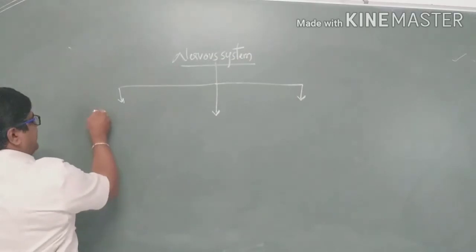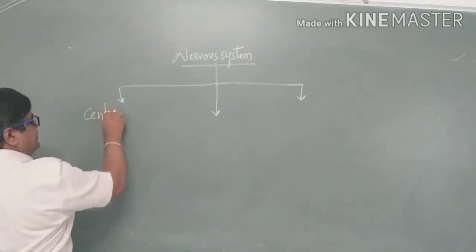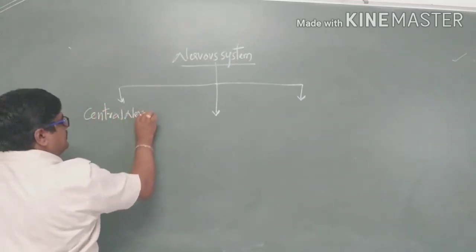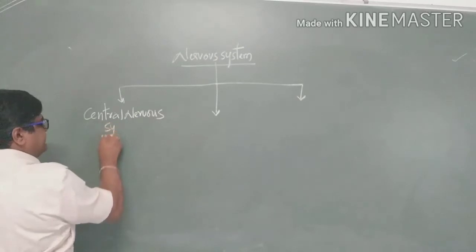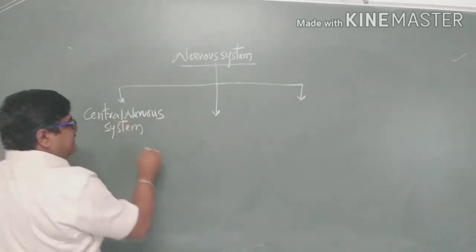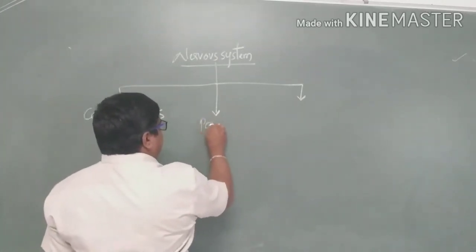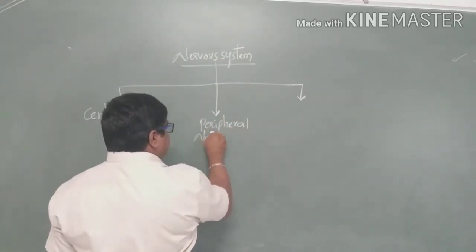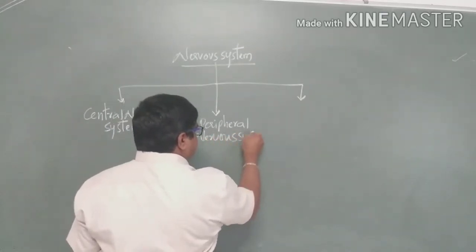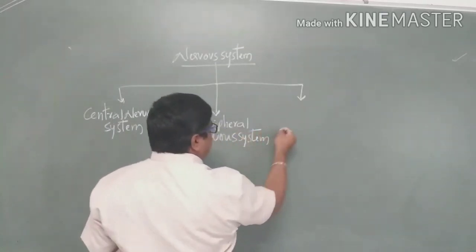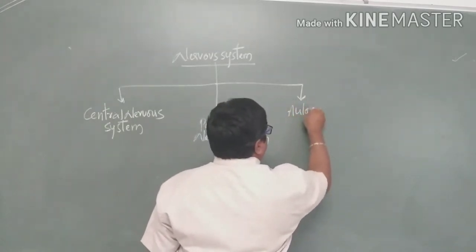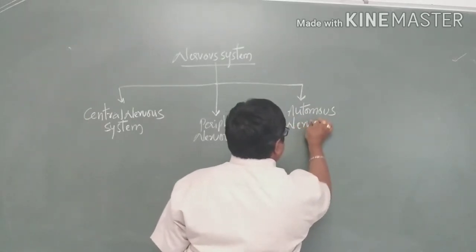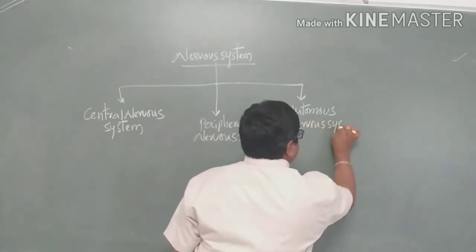One is the central nervous system, the second is the peripheral nervous system, and the third is the autonomous nervous system.